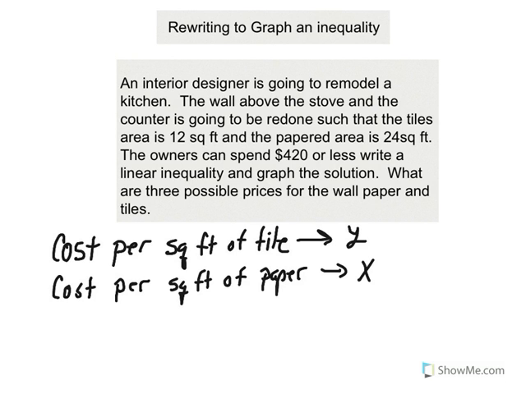The thing that we know is we have $420 or less to spend. So if we add up all the cost of the tile plus all the cost of the paper, that would give us our total, which has to be less than $420. The cost of the tile is the square footage times the cost of the square footage.